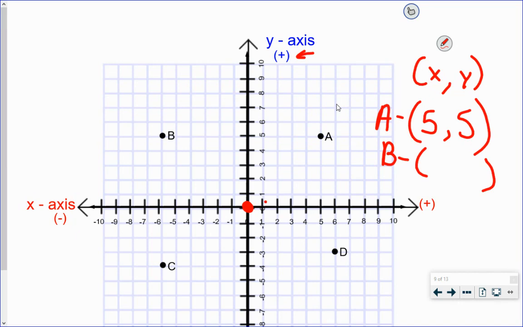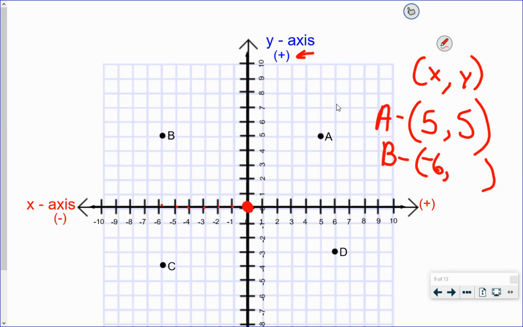Do we go right on X or left on X? Well, I hope that you know we go left on X. And since we're going left, that's going to be negatives for X. So negative 1, negative 2, negative 3, negative 4, negative 5, negative 6. So X is negative 6.